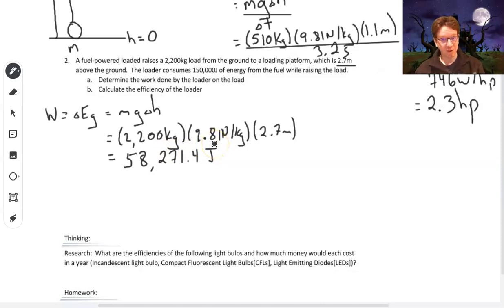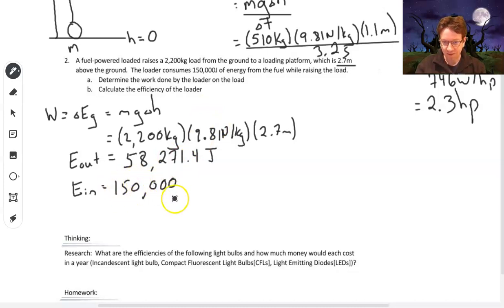Then part B says, what's the efficiency of the loader? So the work done, which is the change in energy, that's what we get out of it. So that also is our energy out. The energy that we put in is what the machine requires, and that's given in the question as 150,000.